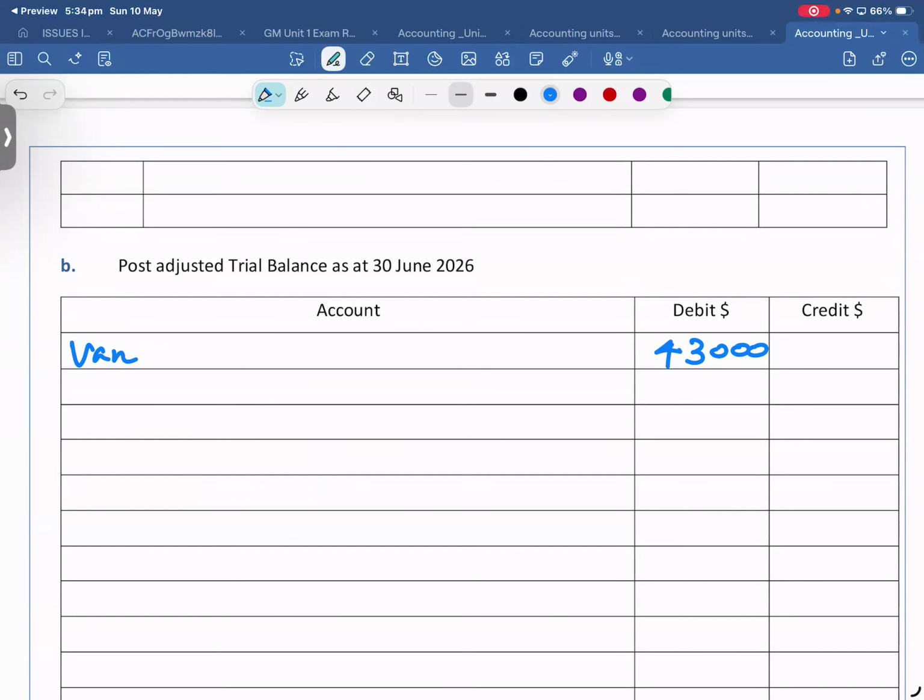Then next one, accumulated depreciation of van. This amount, just hang on for a minute, we are going to update it because we have to do the depreciation as well. Then we'll do it later.